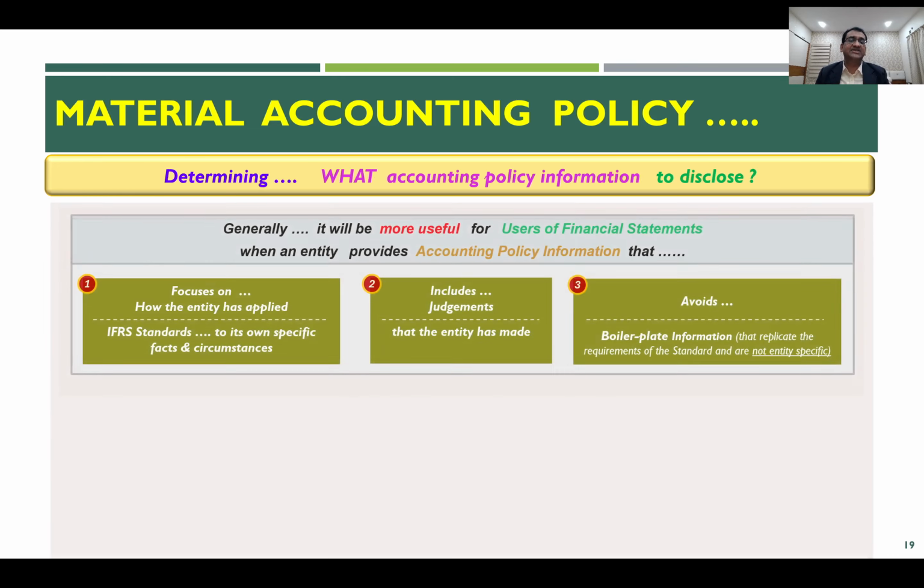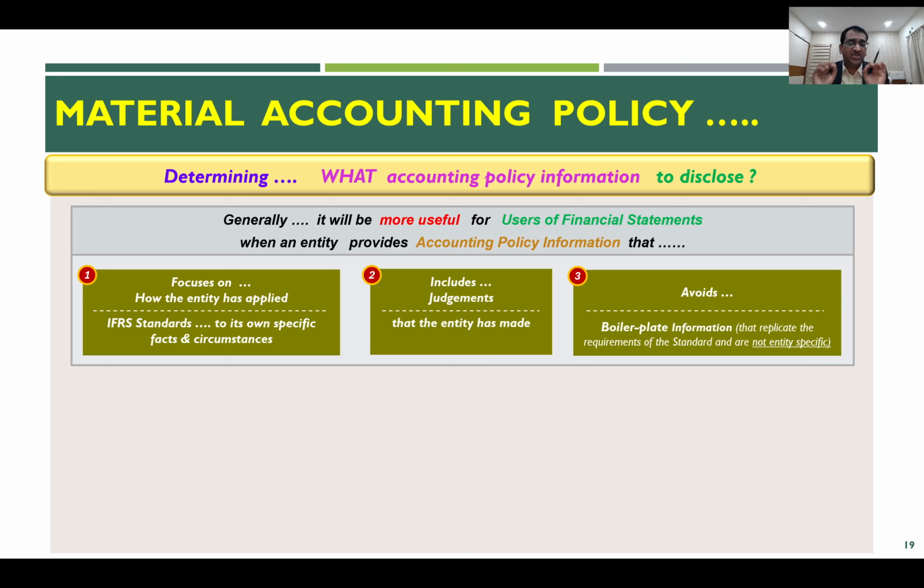What the standard tells you is that generally it will be more useful for the users of the financial statements when an entity provides accounting policy information which focuses on how you as an entity, as in the first point on the left hand side here, have applied the standard in your own specific facts and circumstances. Also, if there are judgments which have been made by the entity, how you have made those judgments should be disclosed.